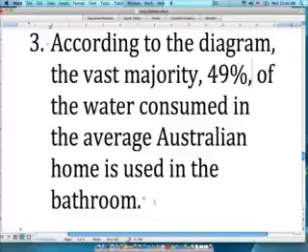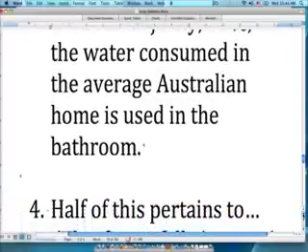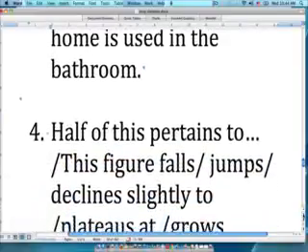Now, in the next sentence, we want to break this down a little bit more, and to show that this 49% is actually separated in the diagram into two different parts. So one deals with the water used just for the toilet, and the other deals with the water that is used for the other things that you do in the bathroom. So that's what we're going to do in our next sentence. We're going to take the largest share and break it down a little bit more.